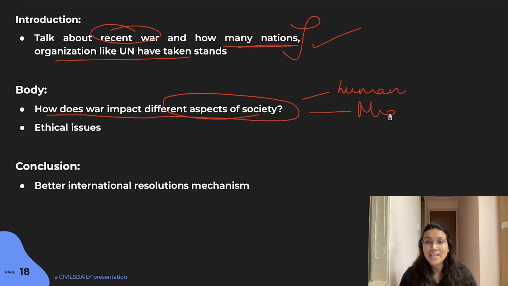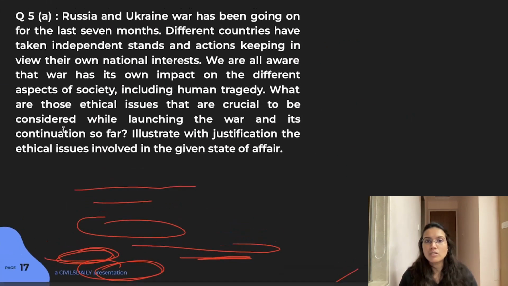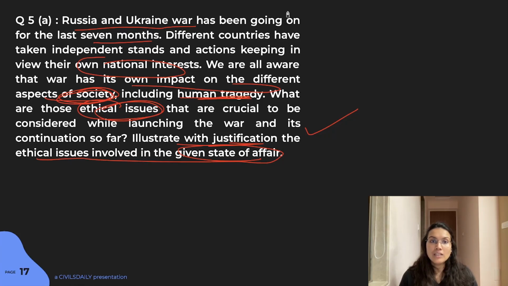You can talk about the migration that comes out of it. You can talk about the economic impact, like their livelihood and all those things that come out of the war. Then you can highlight the ethical issues. Till this portion, you can tackle in the introduction. The first portion, where you're talking about how it has multiple effects on society, is the first part in the body that you can tackle.